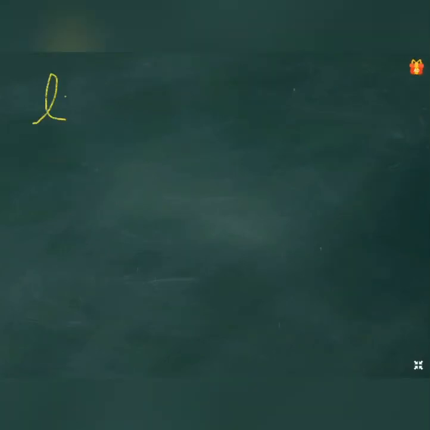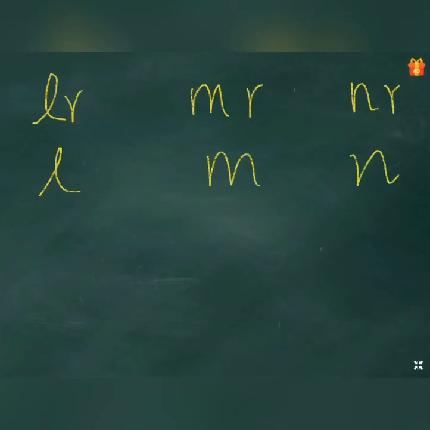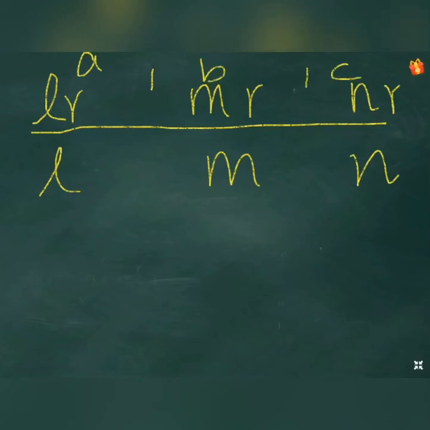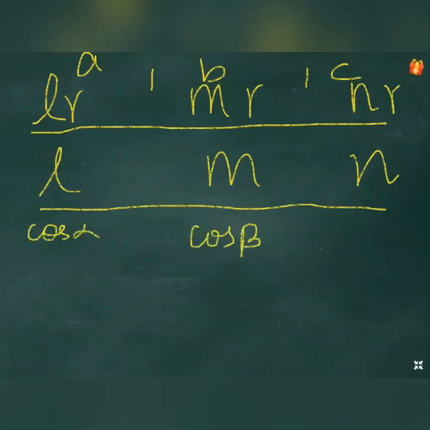The numbers lr, mr, and nr are proportional to l, m, and n respectively. What are lr, mr, and nr? They are nothing but the direction ratios a, b, and c respectively. And what are l, m, and n? They are nothing but the direction cosines cos alpha, cos beta, and cos gamma respectively.